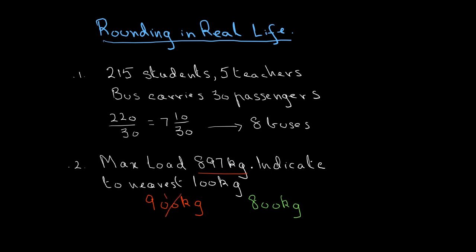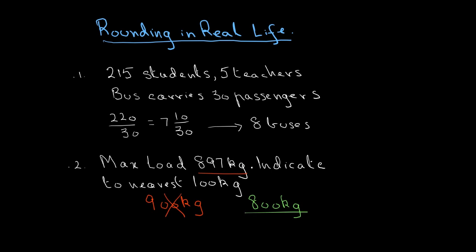In this case, you ought to state the answer to be 800 kg because you want to ensure that the safety bound is never violated. At 900 kg, the safety bound of 897 will get violated, but with a safety bound of 800 kg, you will not violate the bound of 897 kg.